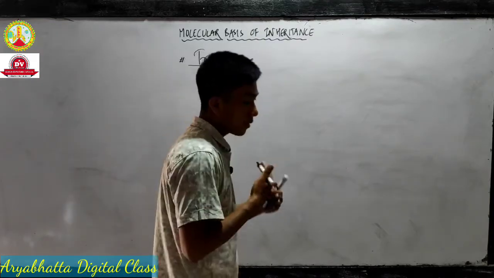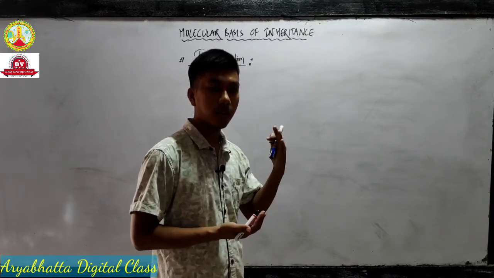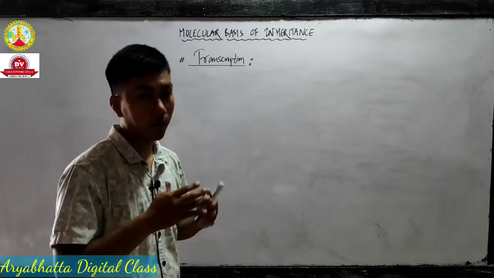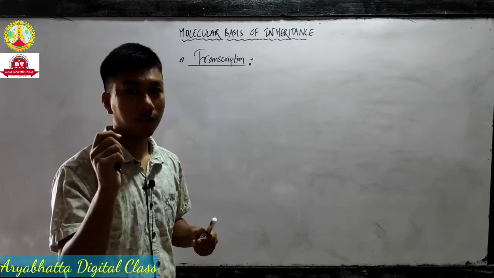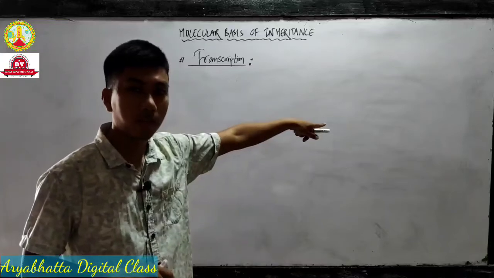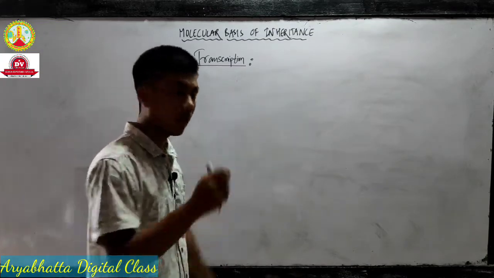So let's discuss again in detail now. In the previous class, in the mRNA part, we discussed some basic things, and I left out some points. Here I'm going to complete it, so you can add that point in your mRNA notes also.